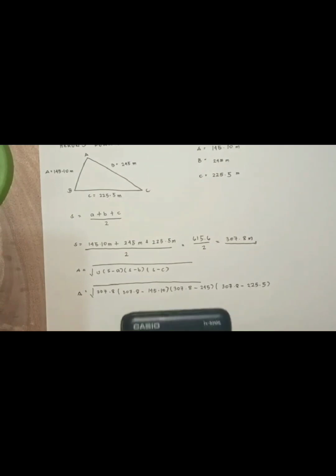And then we will use that square, then we will calculate the square root of 307.8, open parenthesis, 307.8 minus 145.10, close parenthesis, open parenthesis, 307.8 minus sa value of B, we have 245, close parenthesis, open parenthesis, then 307.8 minus sa value of C, we have 225.5, close parenthesis, equal.